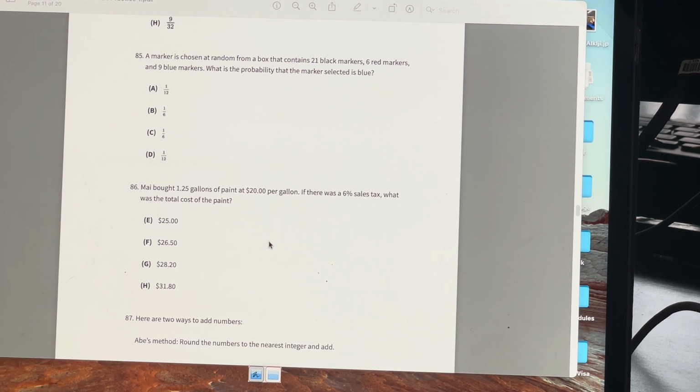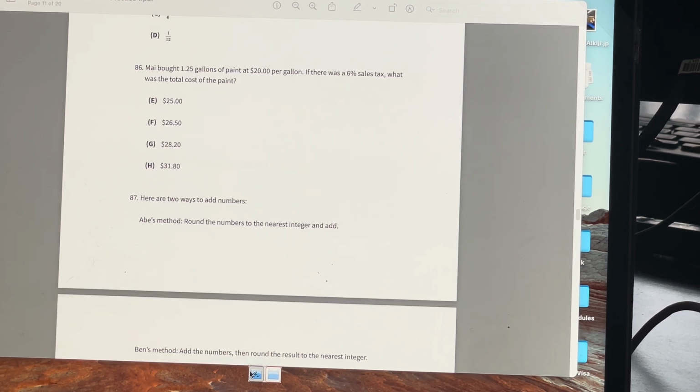85, 86. So weird. 1.25 gallons of paint at $20 per gallon. If there's a 6% sales tax, what is the total cost paid? So 1.25, you can multiply that by 20, right? Because that's the price per gallon.